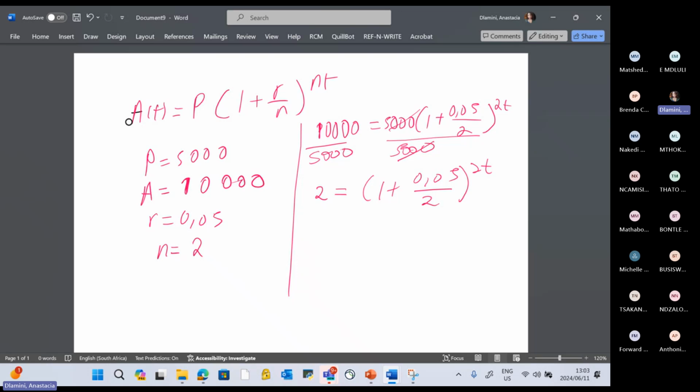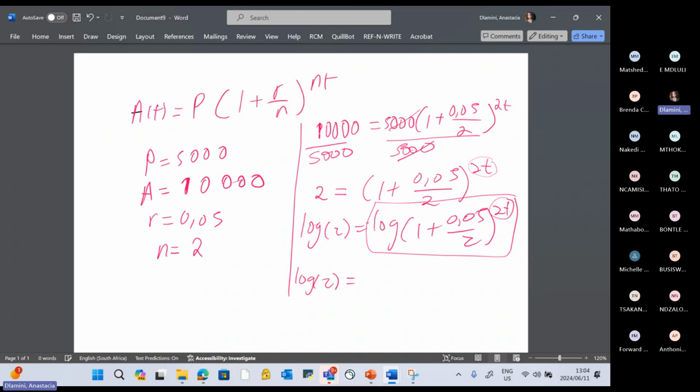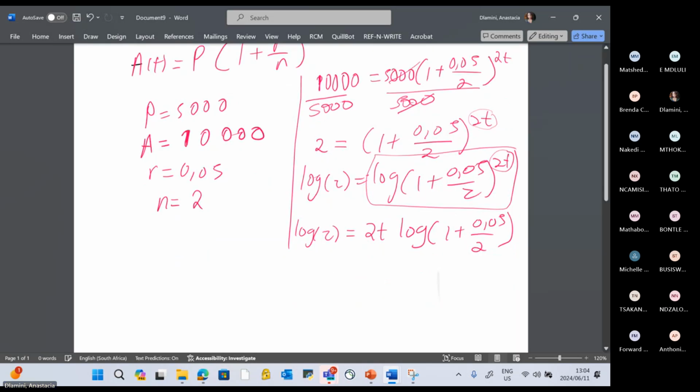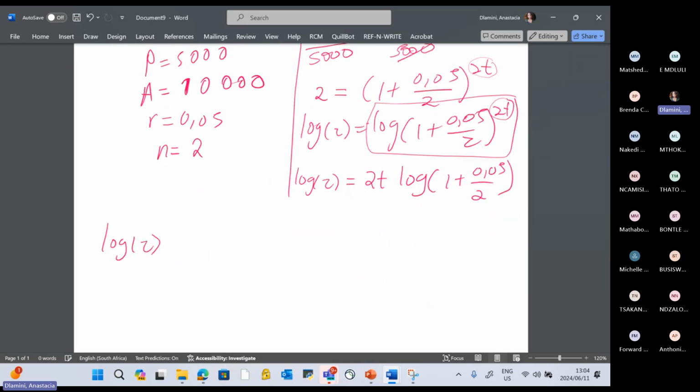Now, because I see t is in the power, and I want to remove it from the power so that I can simplify it, I introduce the log both sides. Log of 2 is equal to log of (1 + 0.05/2)^(2t). And if we use the log law, we know that the power has to come in front. So this becomes log of 2 is equal to 2t log of (1 + 0.05/2).